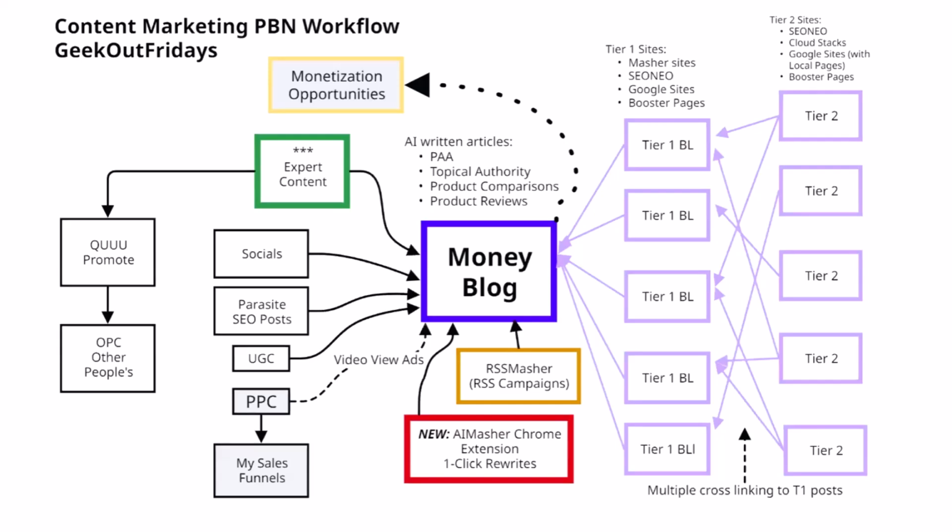It's why we've built the tools Masher Sites and Booster Pages, especially Booster Pages, because we can build these tier ones automatically. They're visual links on low DA sites. The Booster Pages are all low DA sites. Masher Sites, we're putting in high DA sites, meaning that they have aged experience, I guess is what I would call it.